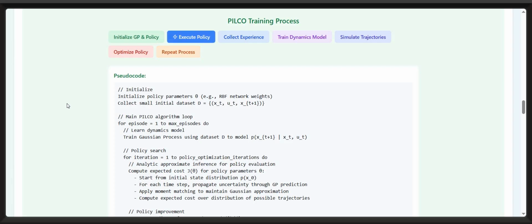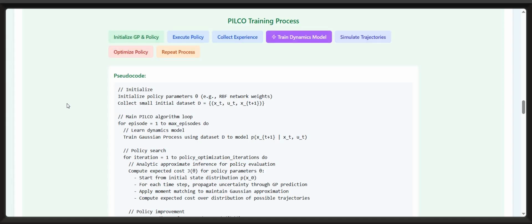What makes this method work so well is its ability to deal with uncertainty in a way that still allows us to do optimization analytically without running thousands of simulations. So what we are doing here is using Gaussian processes to model the dynamics of the system, meaning how the state changes from one step to the next depending on what action we take.